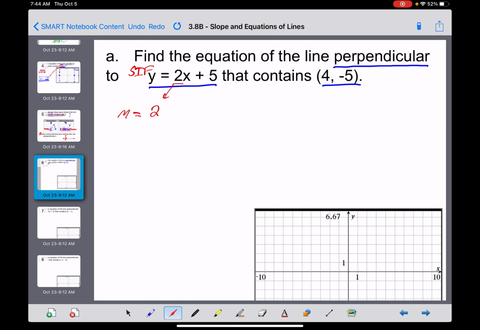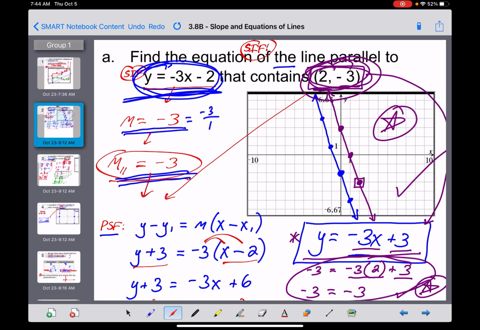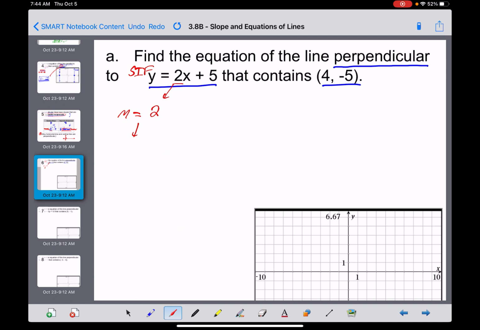Now on the previous problems, I had you guys drawing this little symbol right here, M with a parallel sign, and parallel lines had equal slopes. Now things get a little bit more difficult, but here's the symbol we're going to use, M with a little perpendicular sign. And if you forgot, the symbol for perpendicular is like an upside down capital T. And so the perpendicular slope now here is going to be the opposite reciprocal of 2.